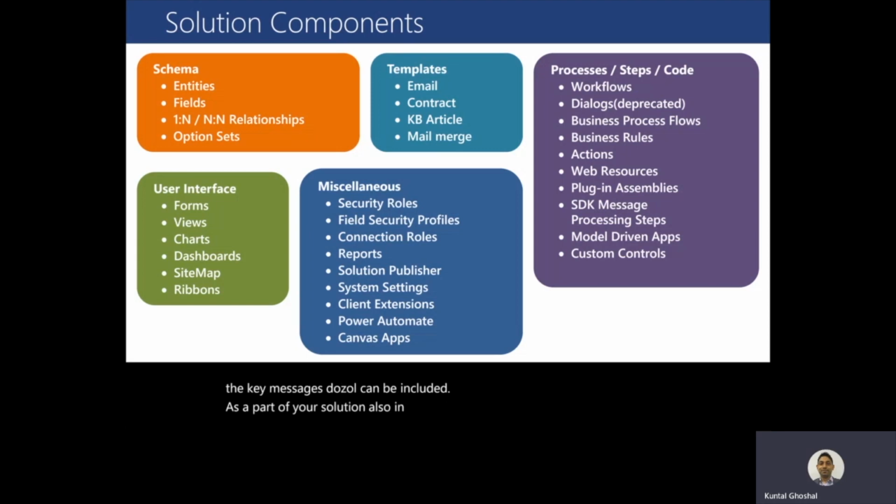Also in the miscellaneous box, we have security role, and field security profile, which provides additional minute control on a field so that you can decide which user or which role can access that particular field on top of the security role. Connection role, reports, solution publisher, and some of the new features like Power Automate or Flow, and Canvas app. So these are all the components that can be included as a part of your solution.